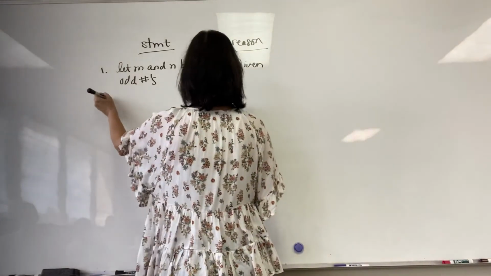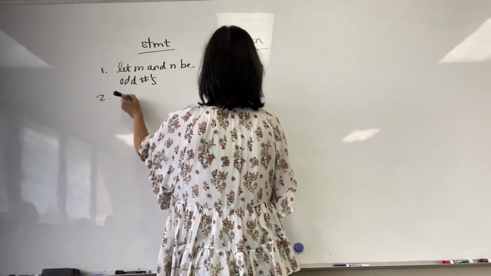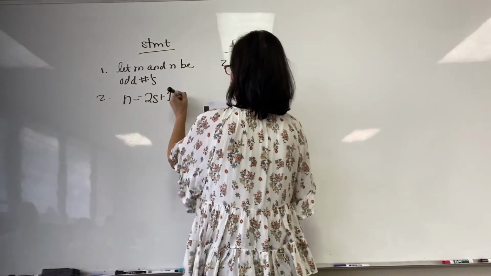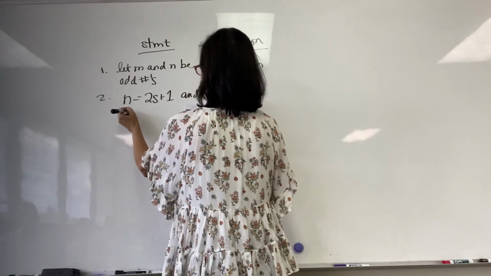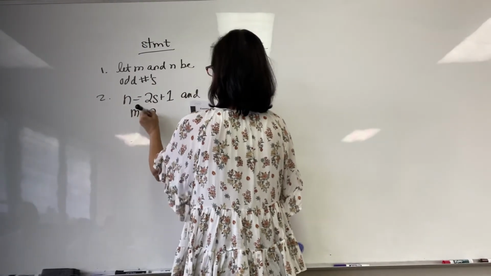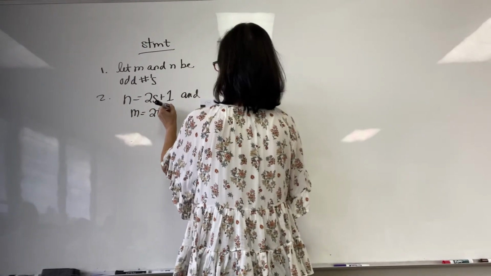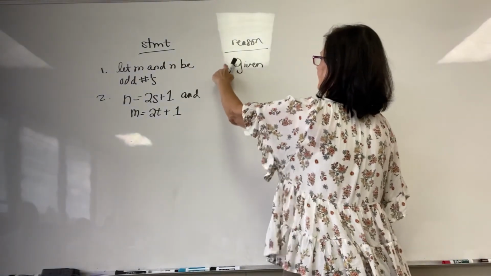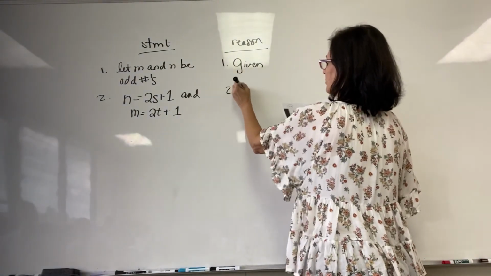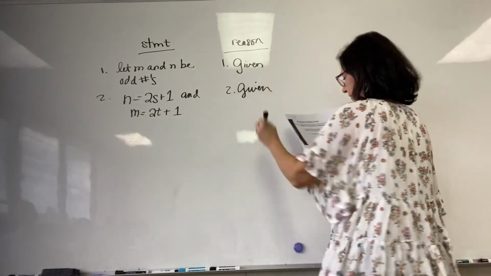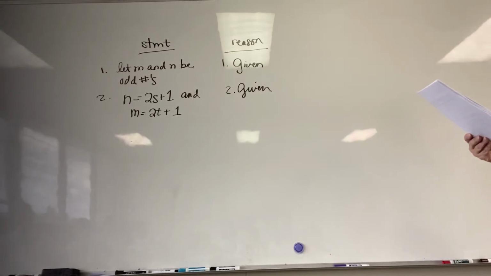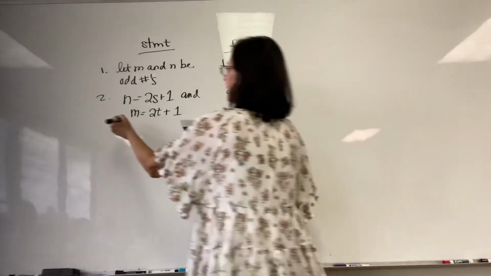Our second statement will be N equals 2S plus 1 and M equals 2T plus 1. And that one too, look, that should have been 1. That statement will also be given. So in proofs, everything will be given. All right?